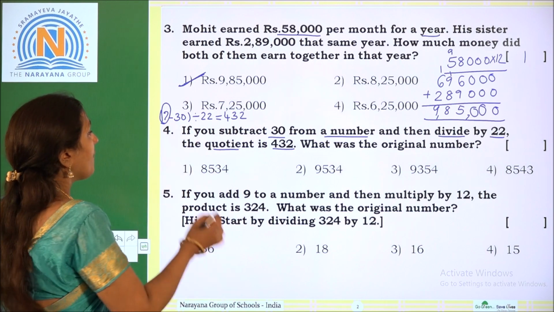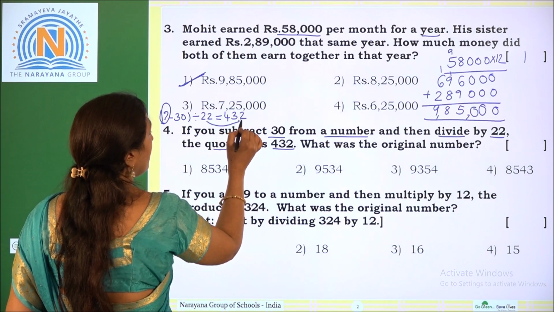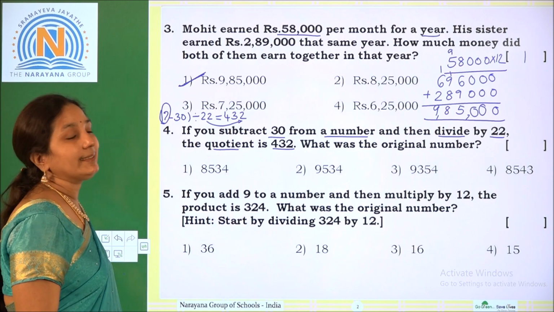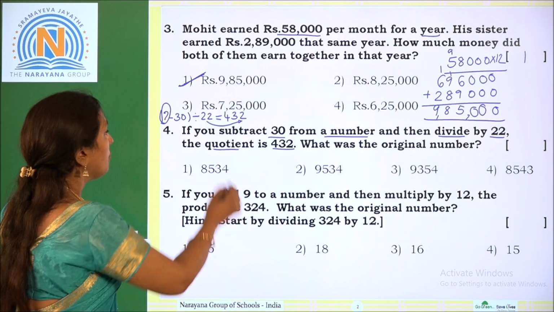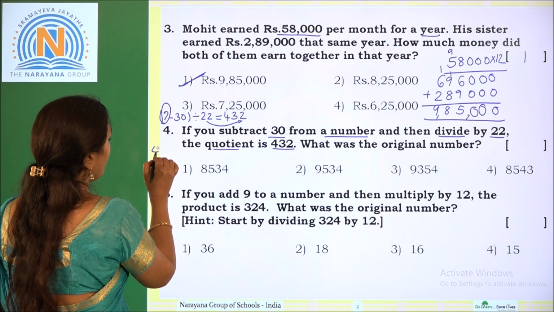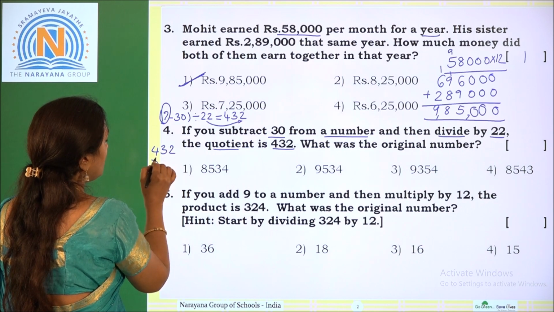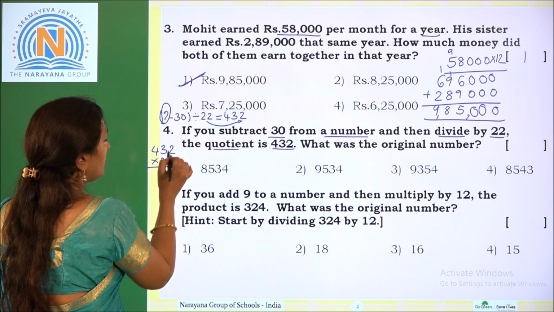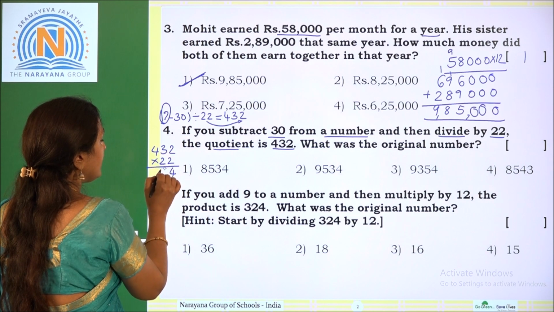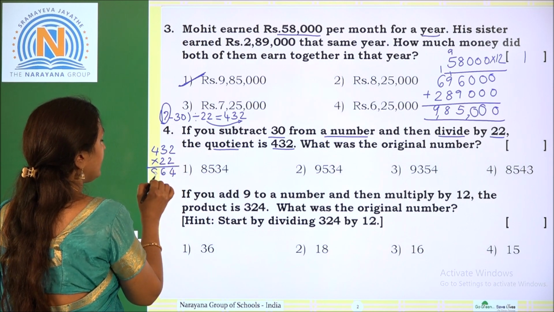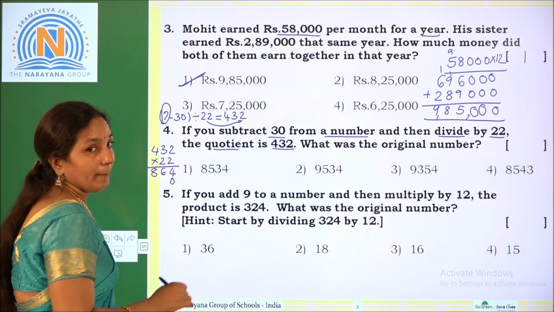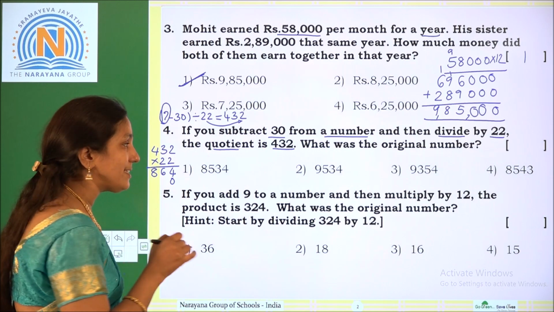For that, first we multiply 22 into 432. See here, 432 into 22. Now 2 2s are 4, 2 3s are 6, 2 4s are 8. Now the ones place should be 0 because we are multiplying with a tens place number.